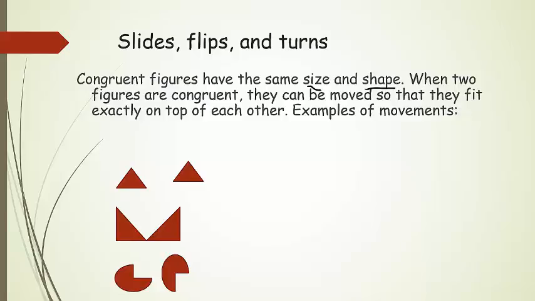The first type of movement is called a slide, and that's what you would think. It's when you can slide an object on top of another one. The second type of movement is a flip. Imagine if you take this triangle and you fold it over that way, it's going to lay perfectly on the other triangle.